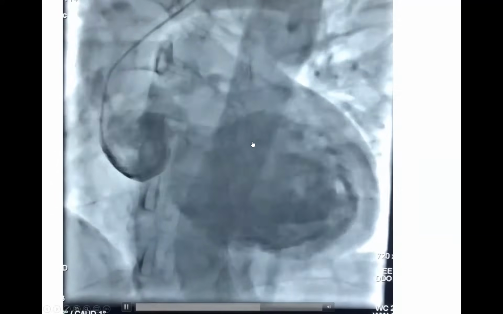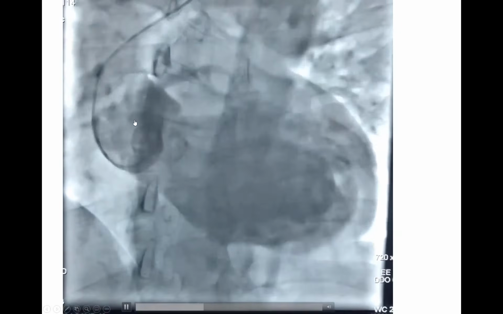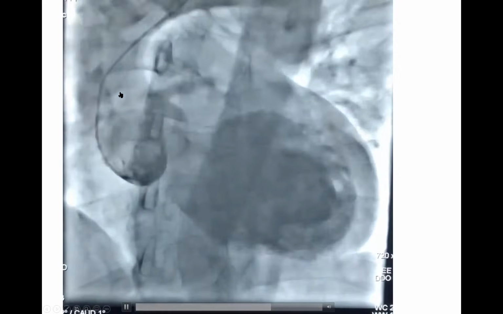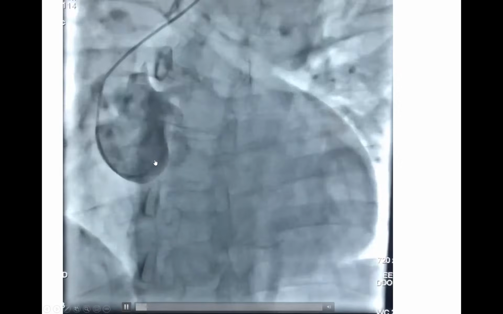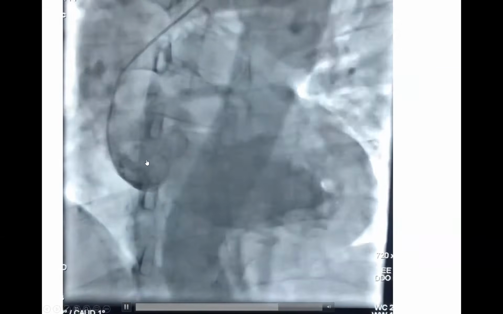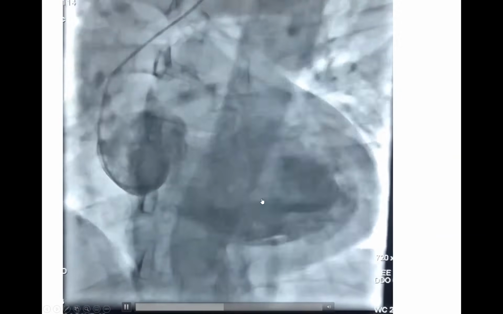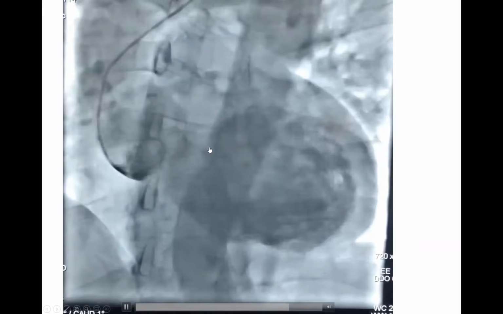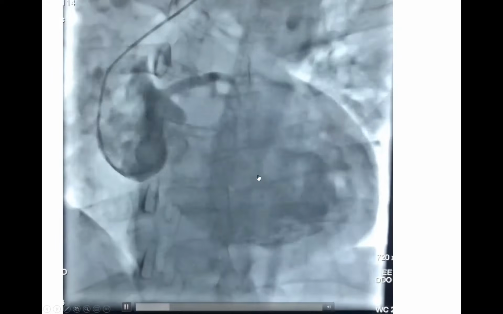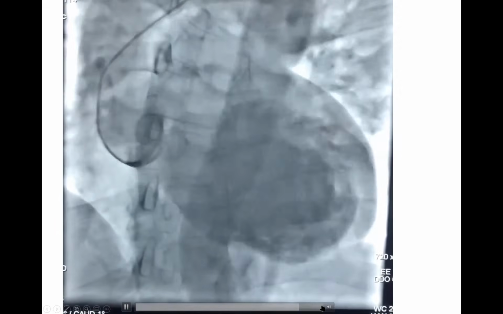So what you can see here, you see the ventricle filling as much as the aorta. Don't look at the cusp. Our catheter, a pigtail catheter, is stuck in the cusp here. So that area will be more dense than the rest. But look at the aorta and compare it to the ascending aorta and compare it to the ventricle. The left ventricle is at least as dense as the ascending aorta.